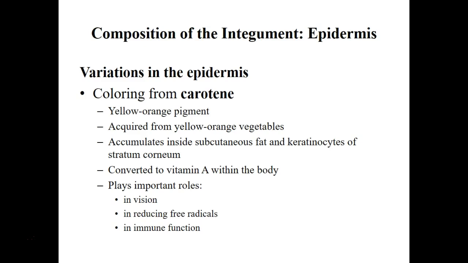Carotene is another name for vitamin A. Vitamin A, or carotene, is found in those yellow and orange vegetables like carrots, squash has a lot of vitamin A. Vitamin A is really important in immune system function because it decreases the amount of free radicals.